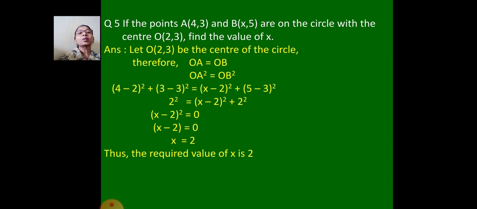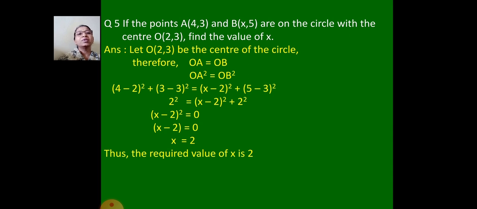Children, points A and B lie on the circle and O is the center of the circle. So what are these distances OA and OB called? Yes, they are the radii of the same circle. And you know radii of the same circle are equal. Therefore, OA distance is equal to OB distance.